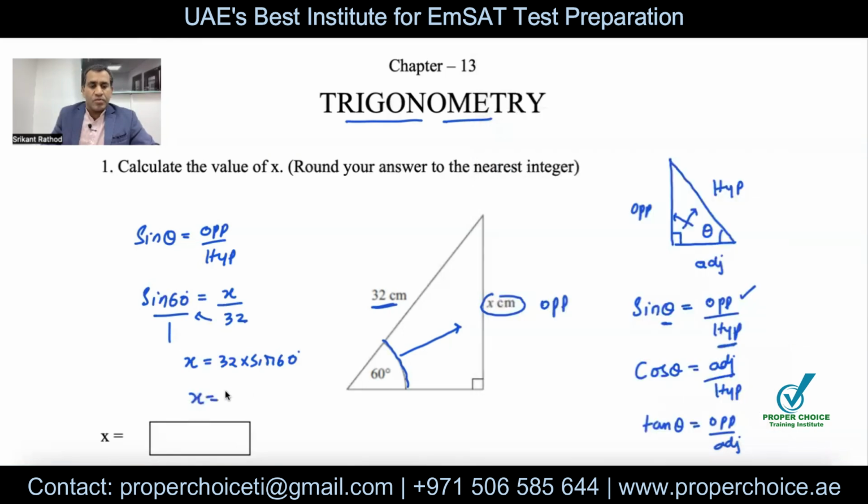So x equals 27.71, and the question asked us to round your answer to the nearest integer. Therefore x is approximately equal to 28, and that is the answer. The length of the side x here is 28.